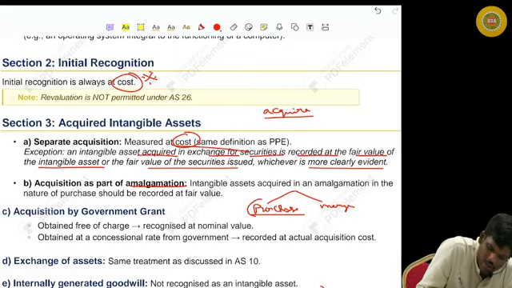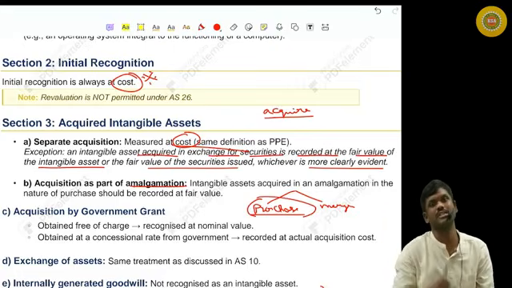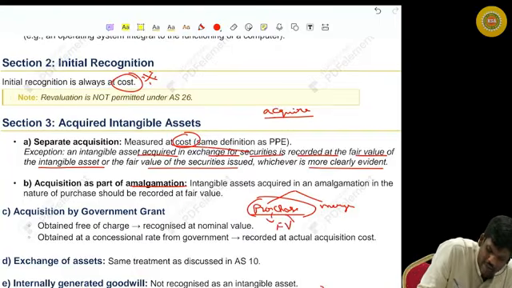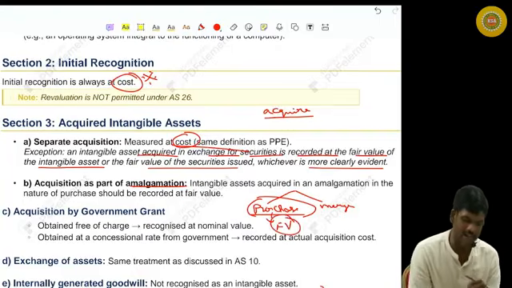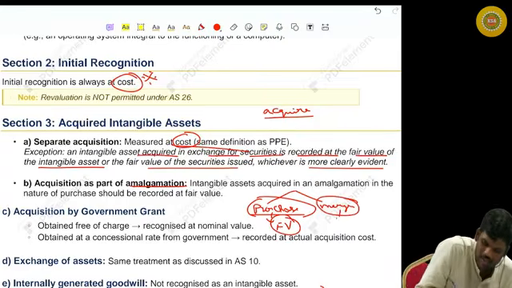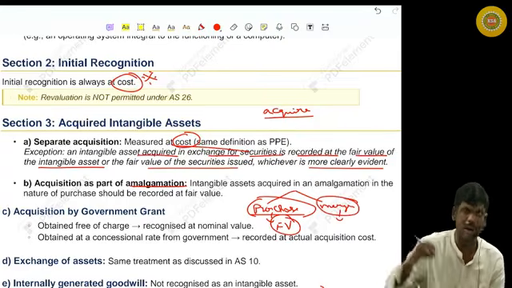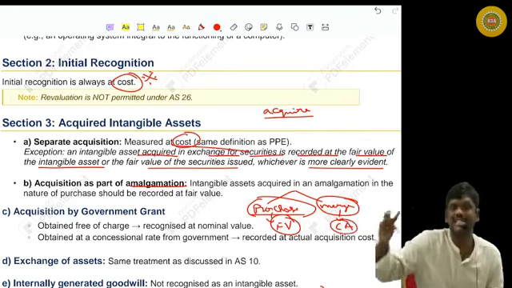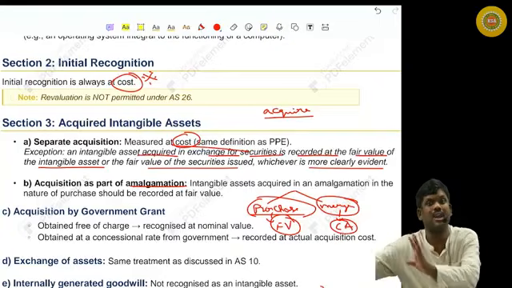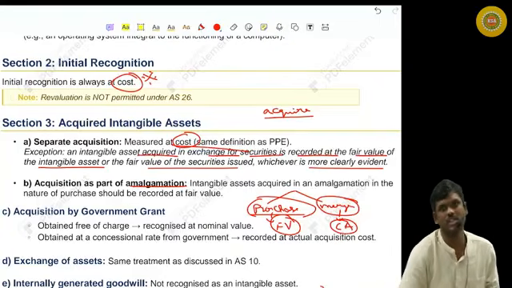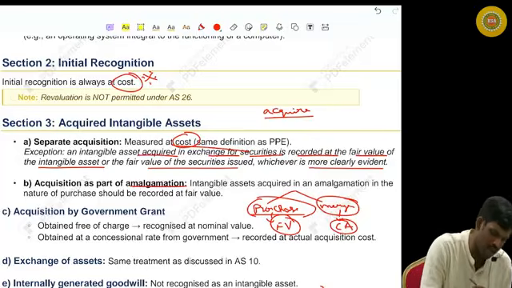If it is the nature of purchase, then whatever intangible asset that you are getting as a part of amalgamation, it should be recorded at fair value. But if it is merger, then whatever intangible asset that you are getting from that amalgamating company, you have to record it at the carrying amount that is there in their books. Whatever amount is there in their books, you carry it as it is. If it is amalgamation in the nature of purchase only, we have to use fair values.